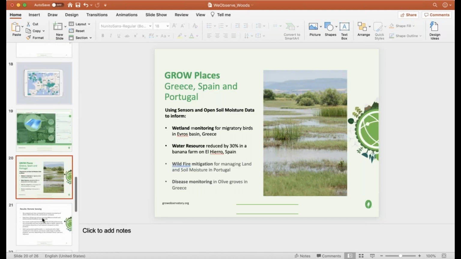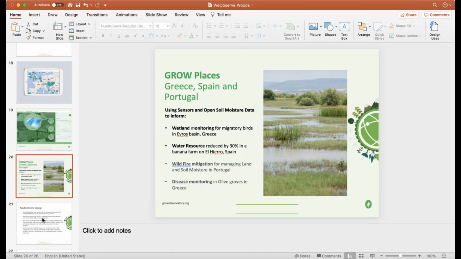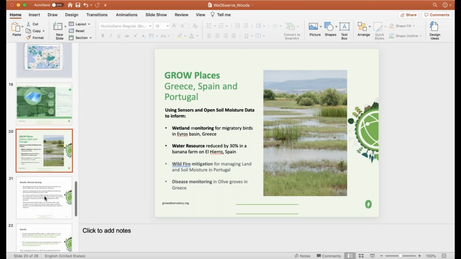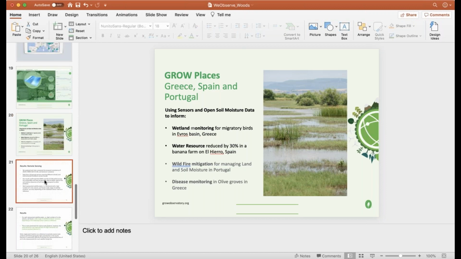And here we also have some of the other activities that our individual GrowPlaces engaged in, using sensors and open soil moisture data to inform wetland monitoring and water resource use, wildfire mitigation and disease monitoring. And these were just the ones in the Mediterranean region.